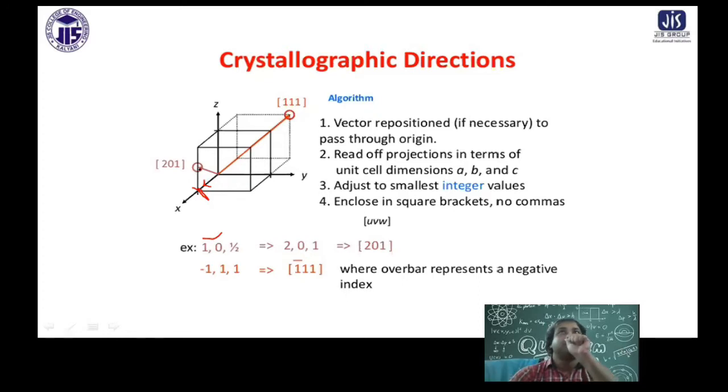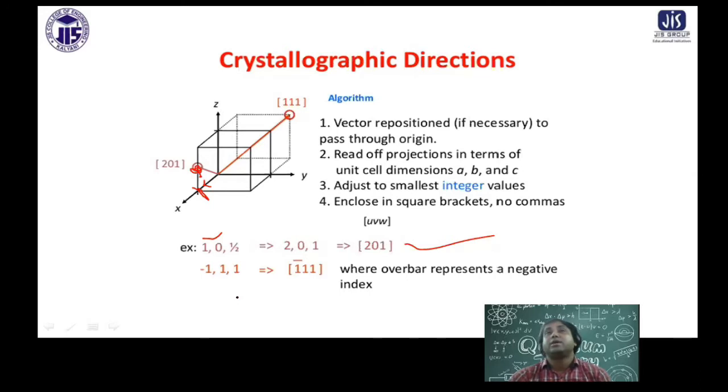And z is half, so it is here. So it is defining a point here. So it is represented by, take the numerators: 1 by 1, 0 by 1, 1 by 2. Basically, the LCM is 2, multiplied. So it is 2, 0, 1. So this defines the point.